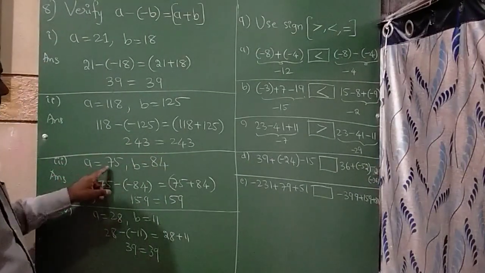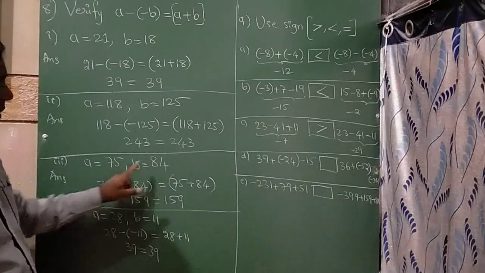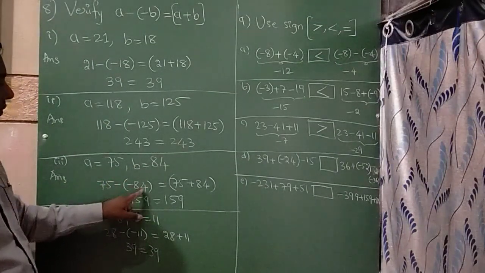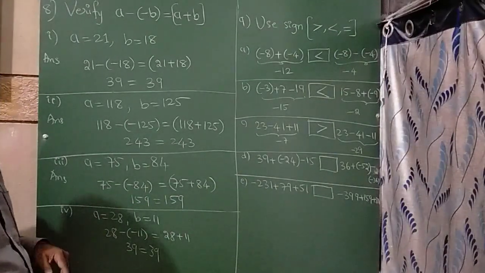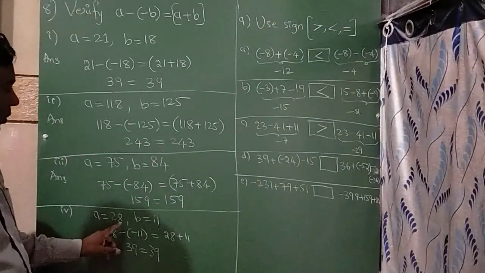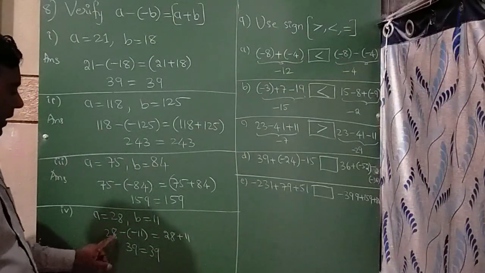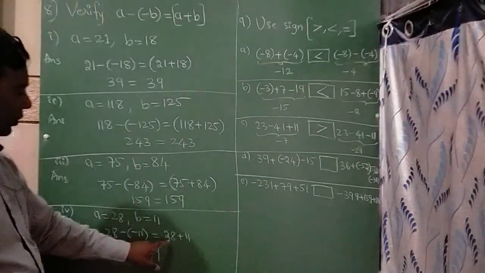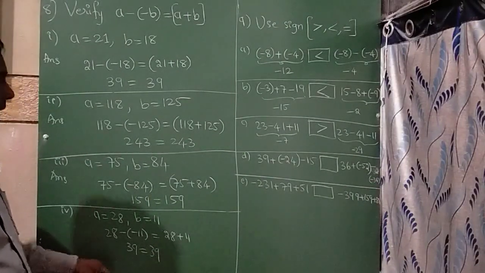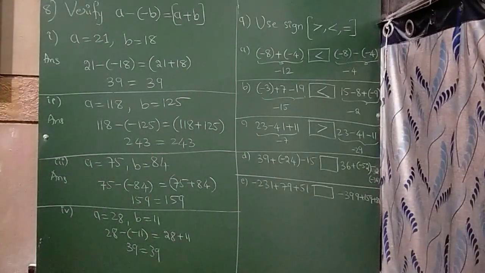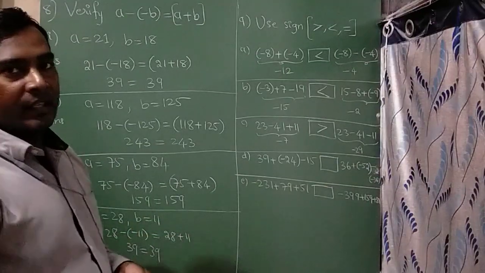Now third one is A is equal to 75, B is equal to 84. 75 minus of minus 84 is equal to 75 plus 84. So the answers are same. Fourth one is A is equal to 28, B is equal to 11. 28 minus of minus 11 is equal to 28 plus 11 is 39 and 39. Fine.